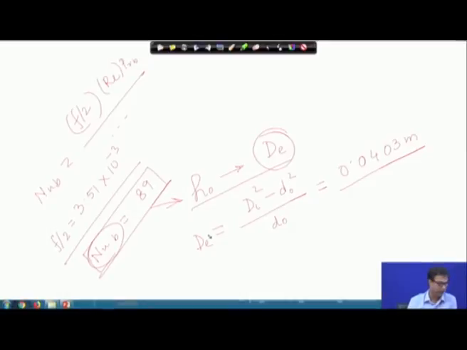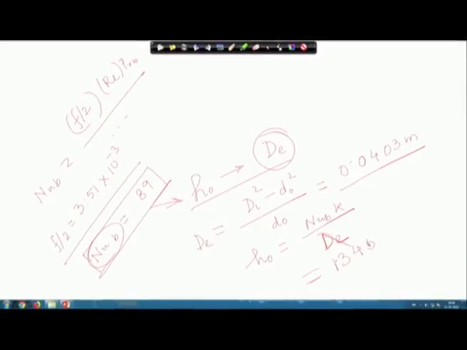Accordingly, we calculate h_0 as Nusselt number at bulk divided by d equivalent. From here this will come out to be 1345 watt per meter square K.